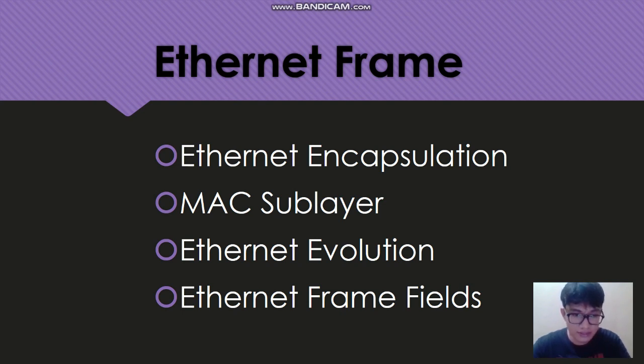The preamble field is not included when describing the size of the frame. Any frame less than 64 bytes in length is considered a collision fragment or runt frame and is automatically discarded by receiving stations. Frames with more than 1500 bytes of data are considered jumbo or baby giant frames.